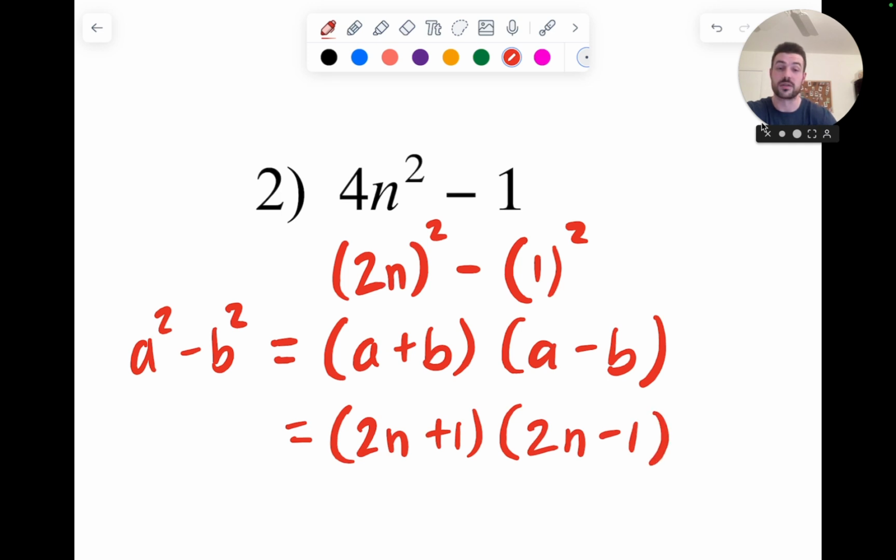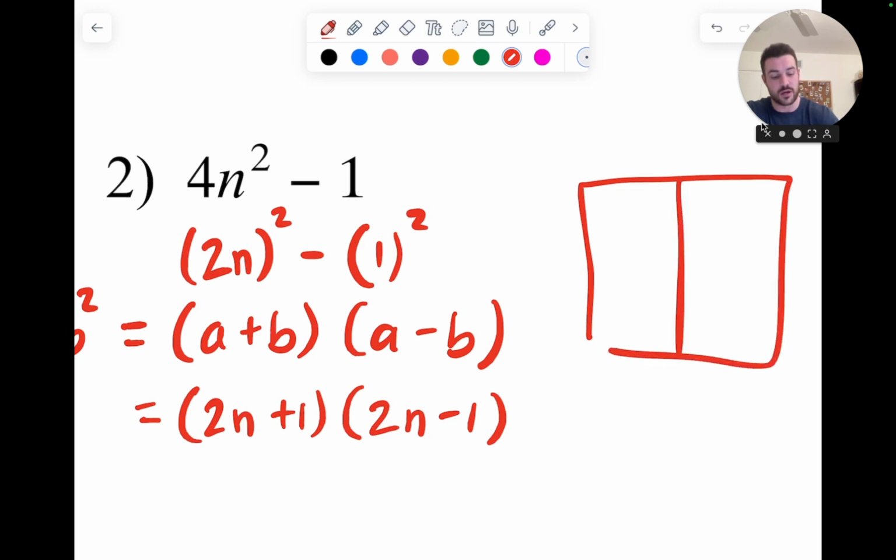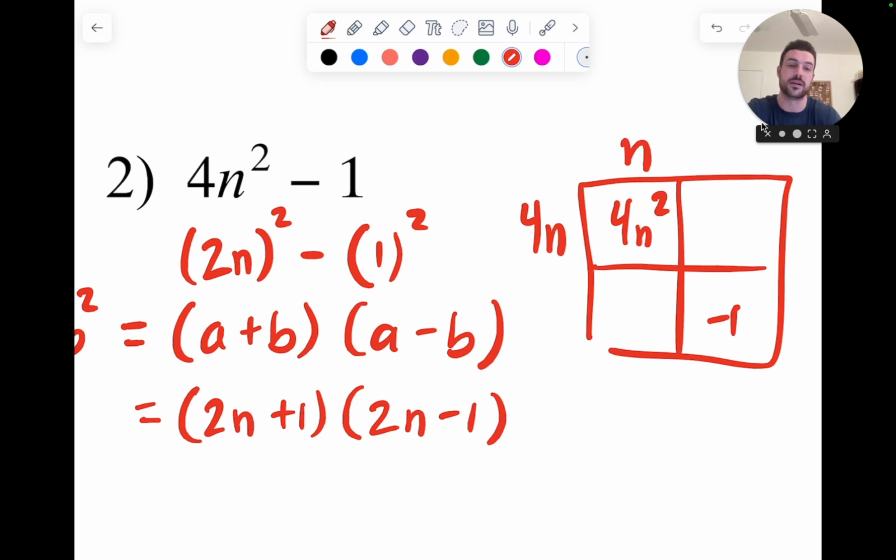Like I said, if we wanted to, we can also do our box method. We've got a 4n squared and a negative 1, and our diagonals need to add to the middle term, which again technically is 0n. The more challenging part is that technically we could have a 4n and an n here.